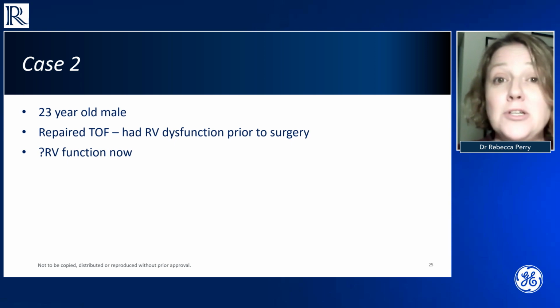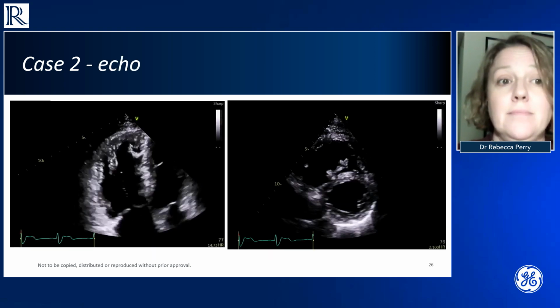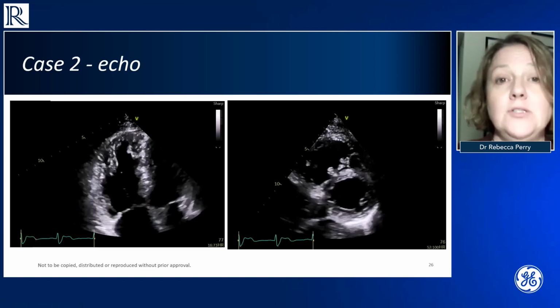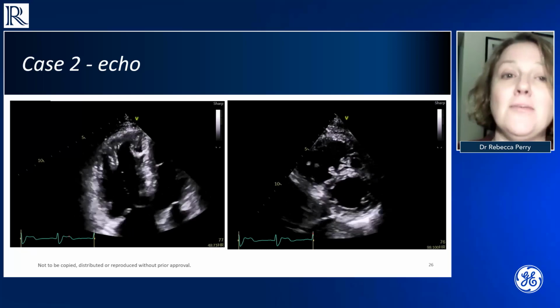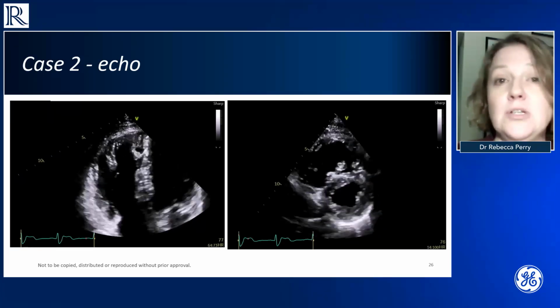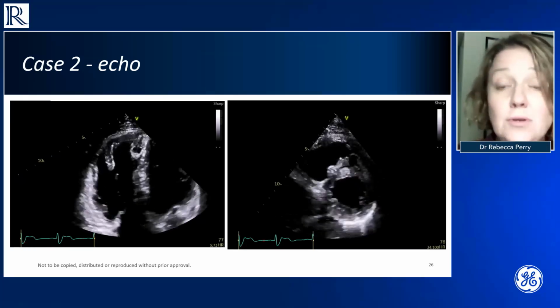The next case I want to show is a 23-year-old male who had a recently repaired tetralogy of Fallot. He had RV dysfunction prior to surgery, and they want to have a follow-up of his right ventricular function now. So you can see that he is a congenital patient. You can see that the right ventricle's big, especially from that parasternal short axis view.